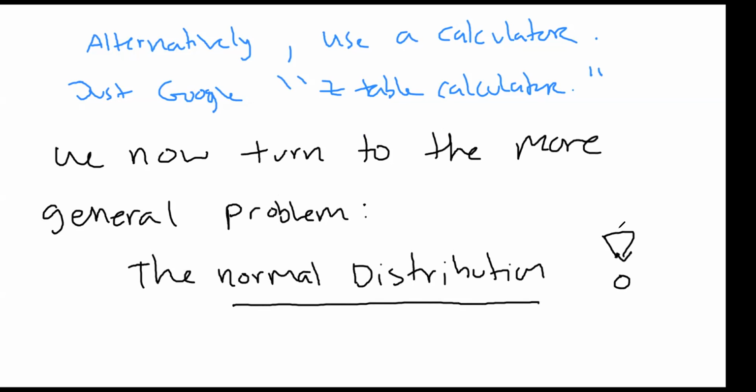So what is the normal distribution? Well, it's given by the following. Now the function, we'll use the variable x to distinguish it. This is going to look very, very frightening.